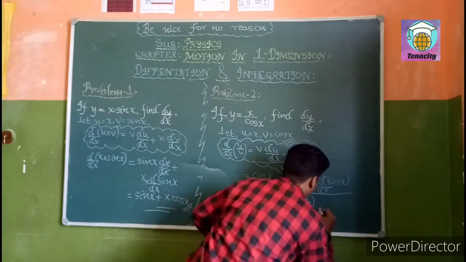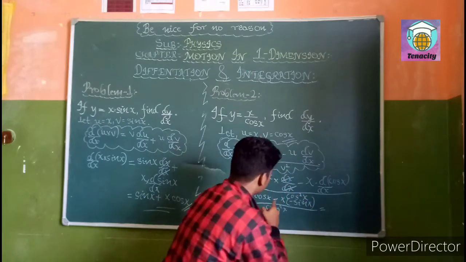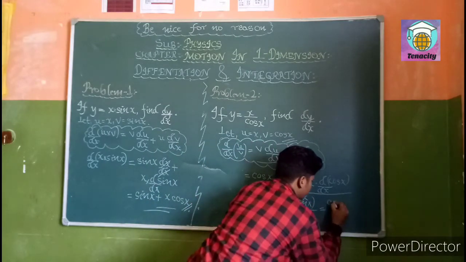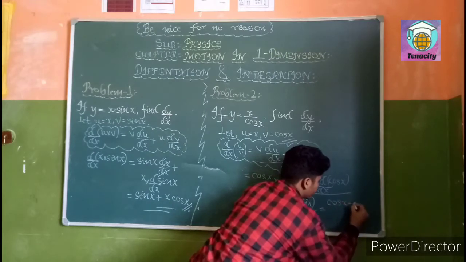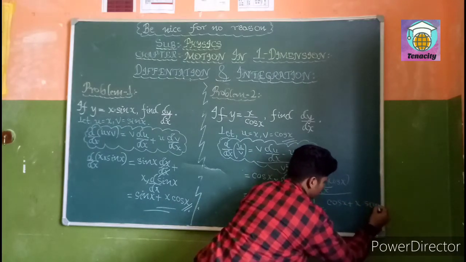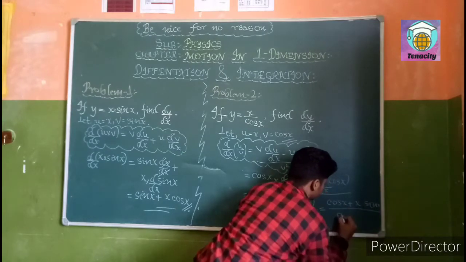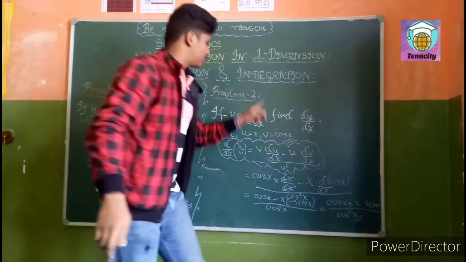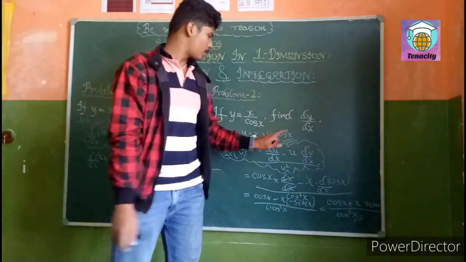Now cos x, minus of minus will become plus. So cos x plus x into sin x by cos square x. So this is the solution of this second problem.